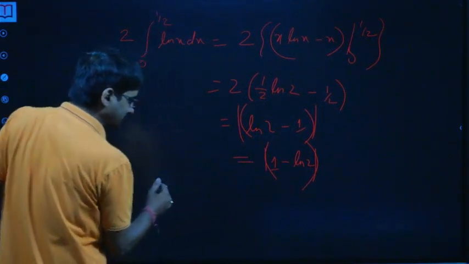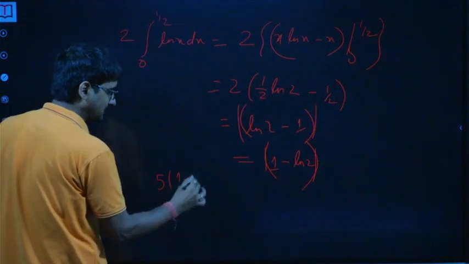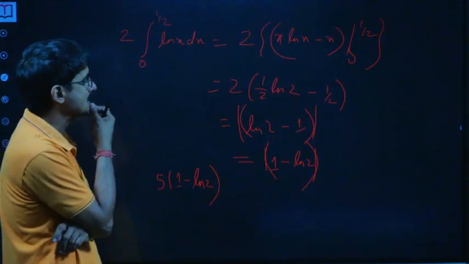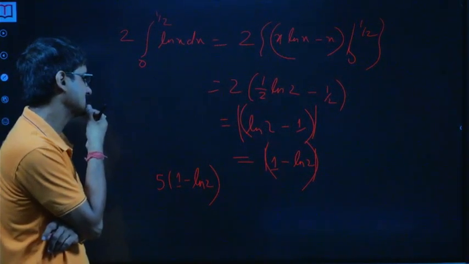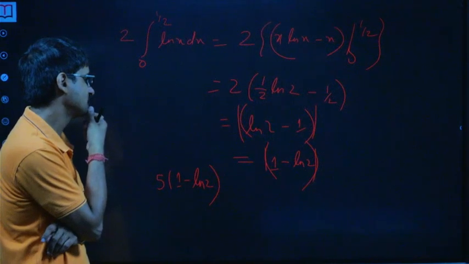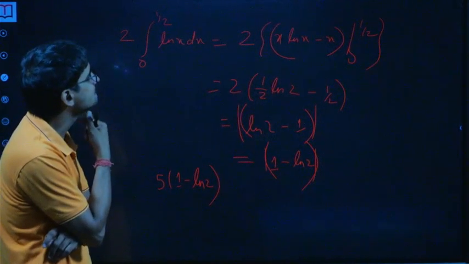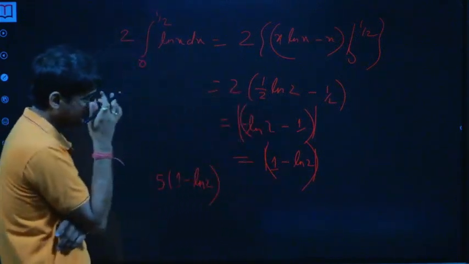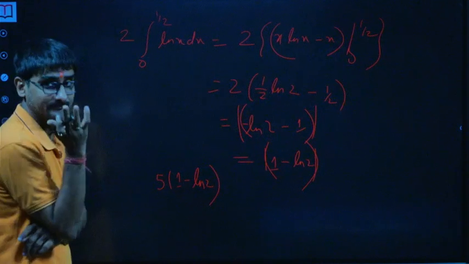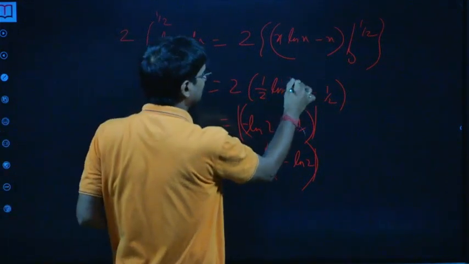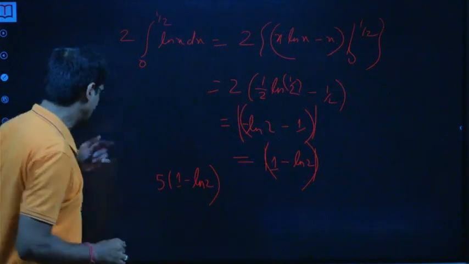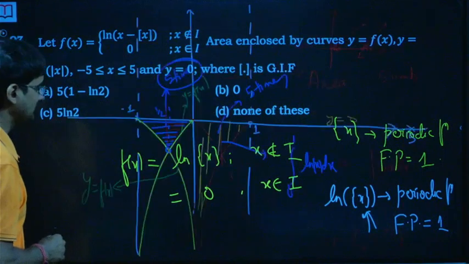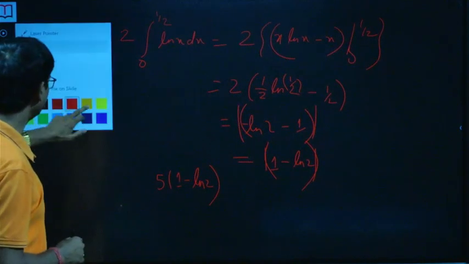So if I take it 5 times, so 5 times 1 minus ln 2, it's ln half, minus ln 2. Yeah, it's ln half, it's not fine. Because see, looking at the options, it's 5 times (1 minus ln 2) or 5 ln 2. The first one we got as 5.